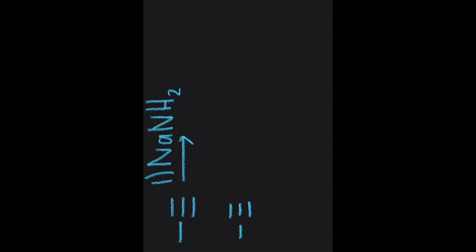So we have an NH2 group, and the nitrogen will have electrons. So it's going to pull the hydrogen on this carbon to this nitrogen, so that our alkyne will have an electron pair on the carbon group, which is known as an acetylide ion.